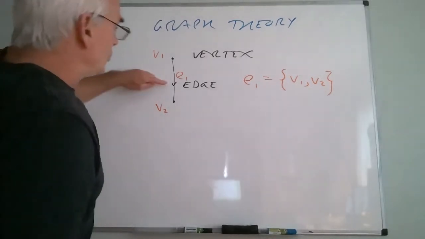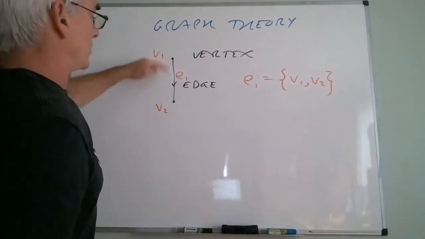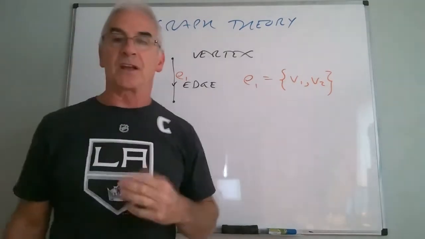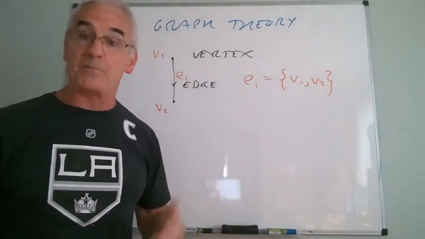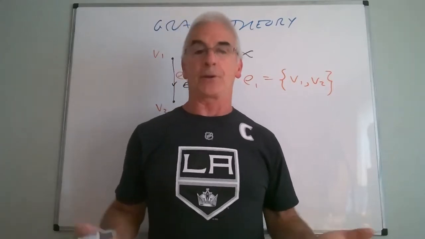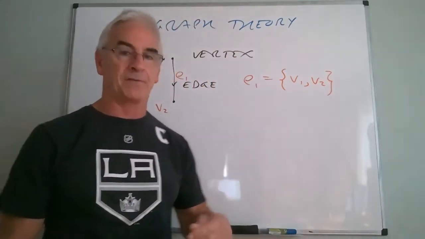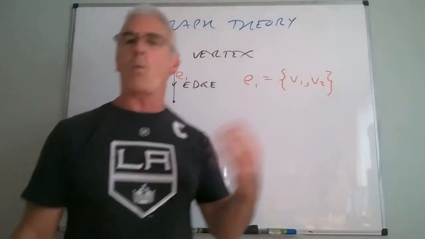Now, usually edges are directed, usually. So I'm starting at V1 and ending at V2, because eventually we're going to have paths. And there's a whole lot of terminology. If you're a hiker, you have paths, you have trails, you'll go on a walk.